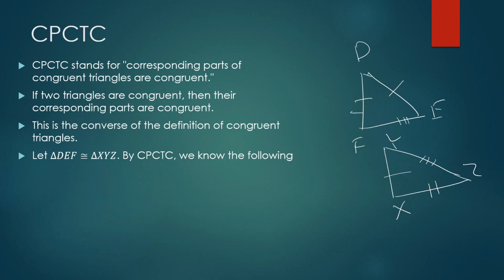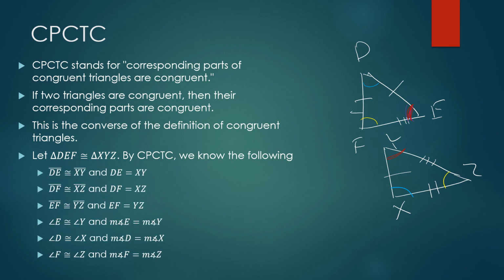That also means that the angle F is going to be congruent to Z. Angle D corresponds with X, and E corresponds, it's really dark, let's try red, E corresponds with Y, which can be summarized here.